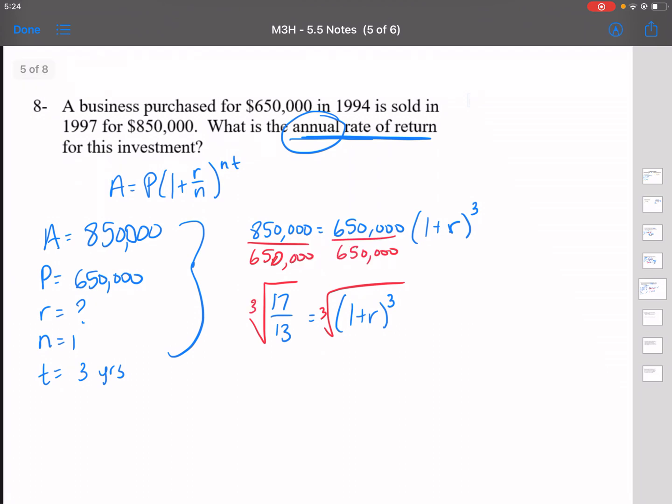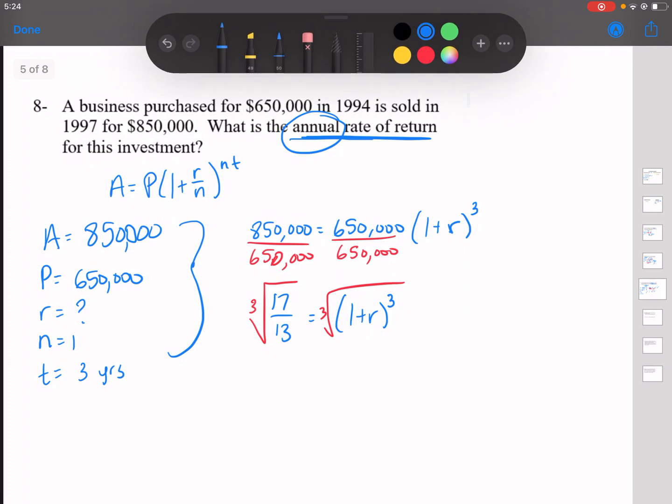So we've got the cube root of 17 over 13 equals 1 plus r. And my final step is to subtract 1 from that answer. So I'm actually going to go ahead and just type that in.